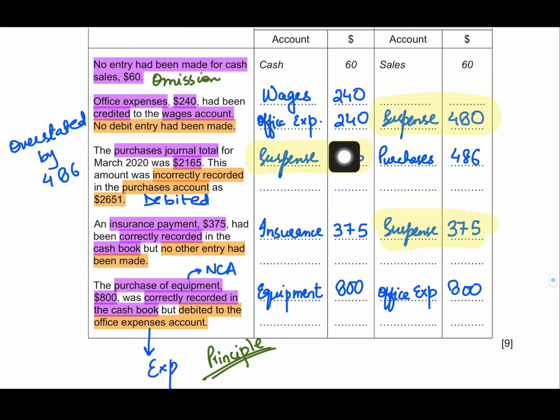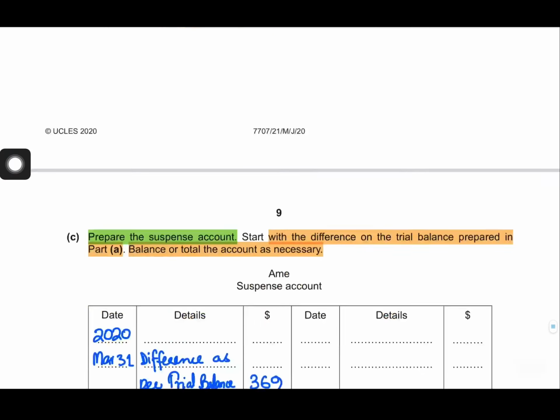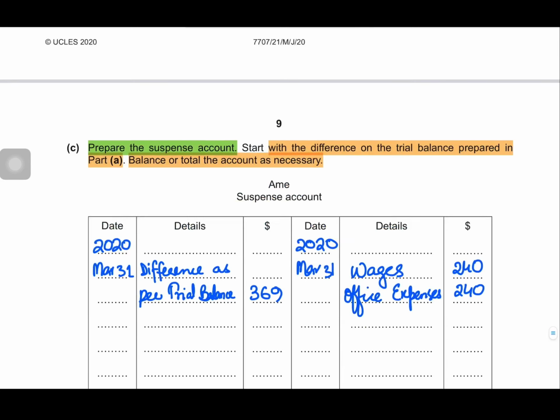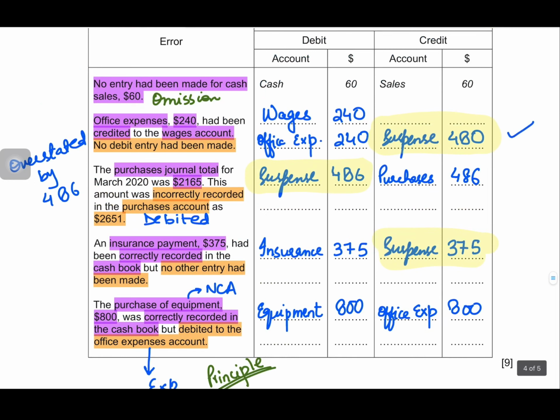In error number 2, we are crediting the suspense account because of these two accounts. So, wages and office expenses will be written on the credit side of the suspense account, right. Next entry, the suspense account is being debited by 486 because of purchases. Why? Because purchases were overstated, you remember.